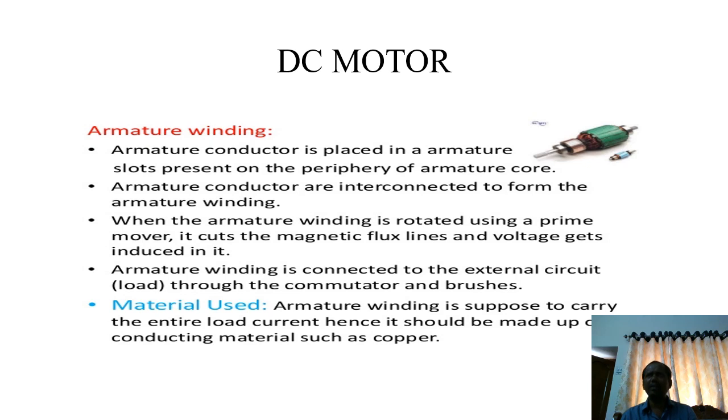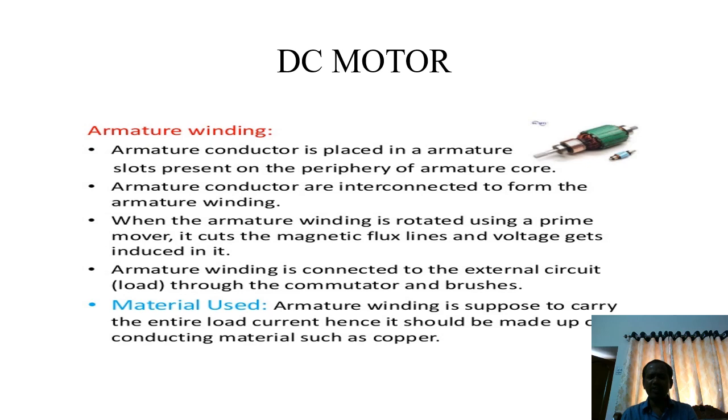Afterward, it is completely laminated, which forms a low reluctance path for the field fluxes to pass in the armature. The armature conductor is placed in the armature slot present on the periphery of the armature core. Armature conductors are interconnected to form the armature winding.